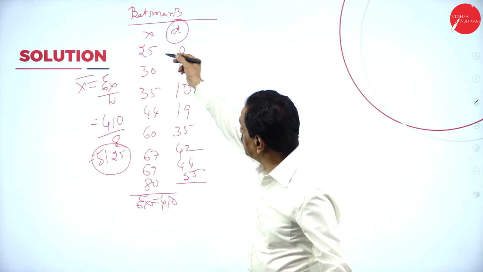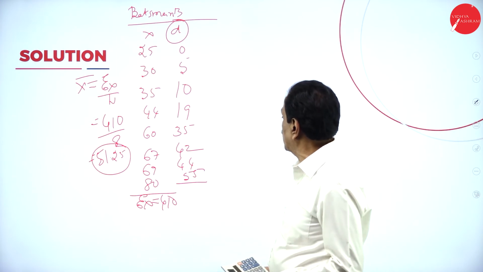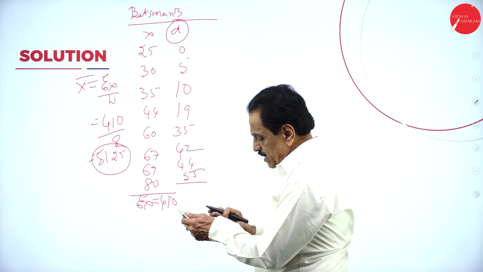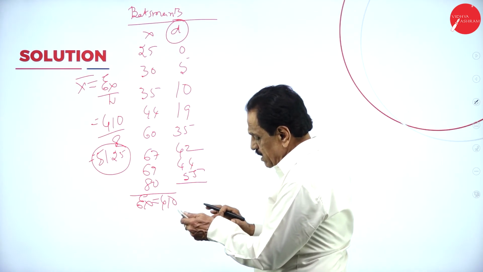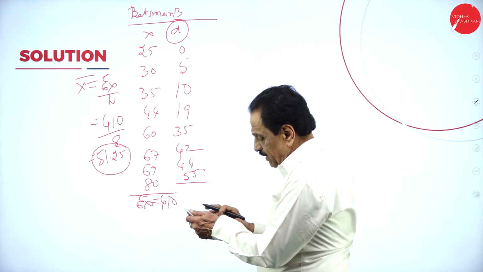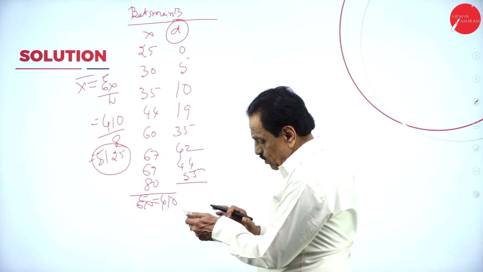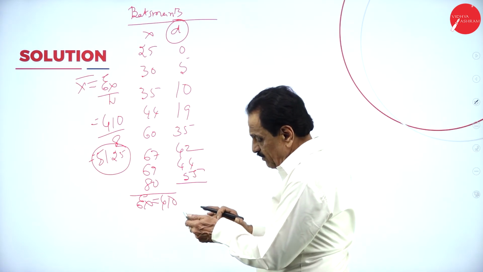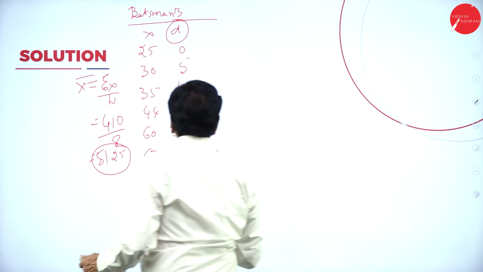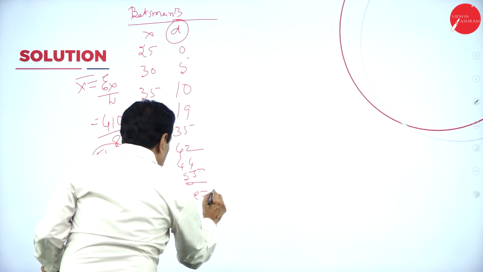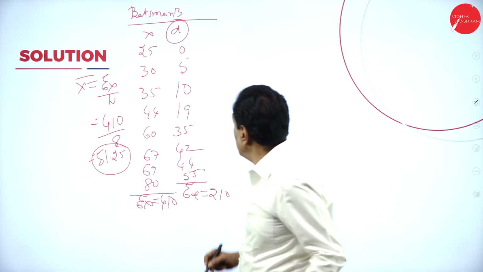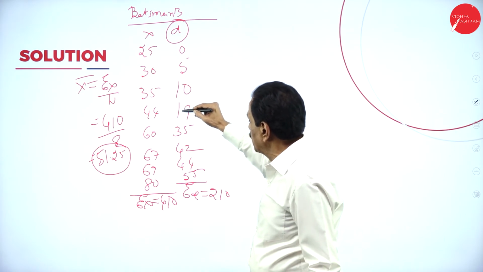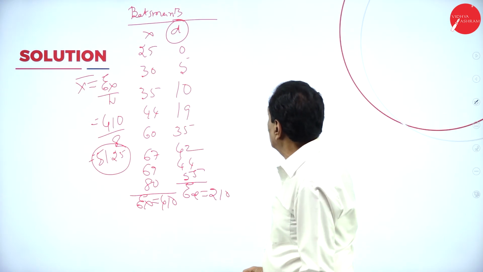So you take the base of 25, take the deviation, and add the figures: 5 plus 10 plus 19 plus 35 plus 42 plus 44 plus 55 is 210. Sigma D is 210. Check it manually.